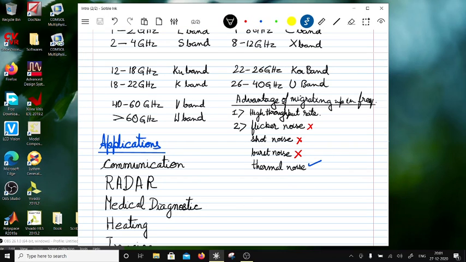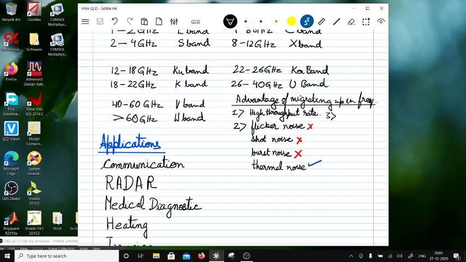Okay, so what is the third advantage of doing this? The third advantage of going up in frequency is in what you call radars, or imaging. So higher the frequency, finer is your resolution. So you can image objects which are much smaller when you go up in frequency.